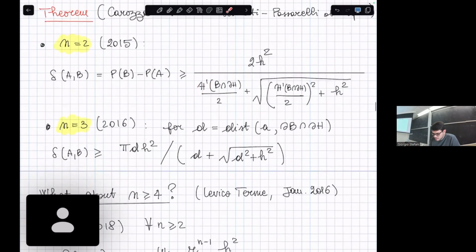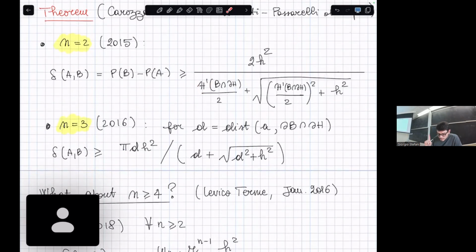One year later, they were able to generalize it to dimension 3 in this way. So you have a similarly looking fraction, but where now you find a different constant. First it was 2, then it was pi, and you find a different parameter appearing here, D. D is the distance between the point A and the curve.